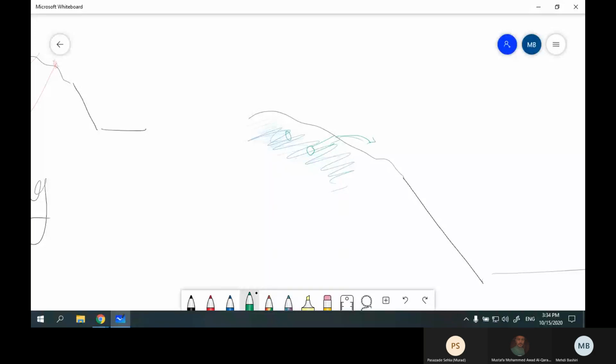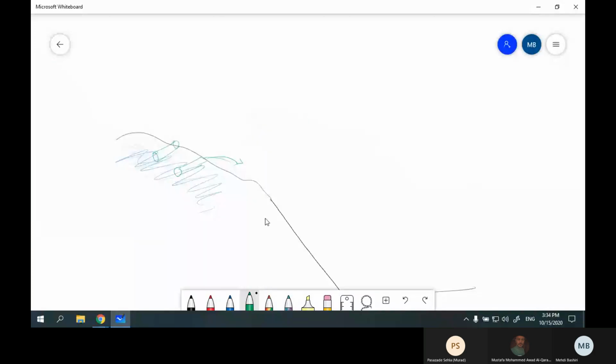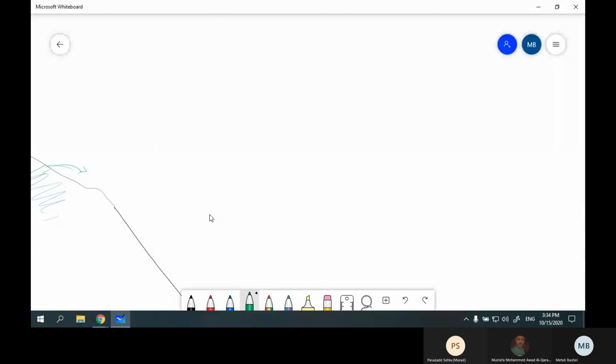Small drains. For example, I think you saw many drain systems beside your streets. We have a drainage system. For example, this is the street, and we have some places for passing water.